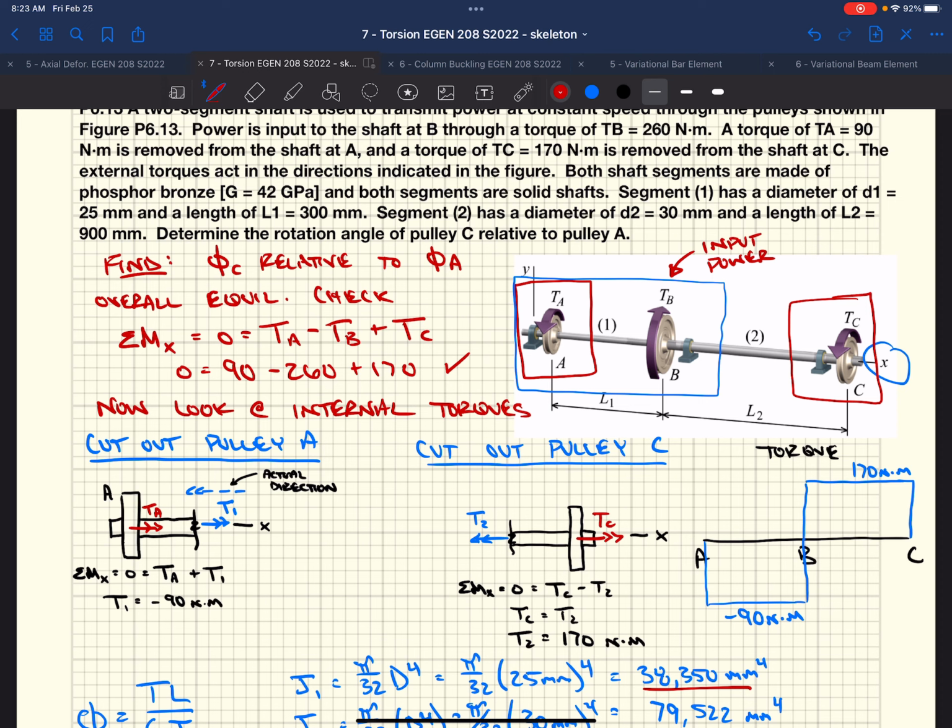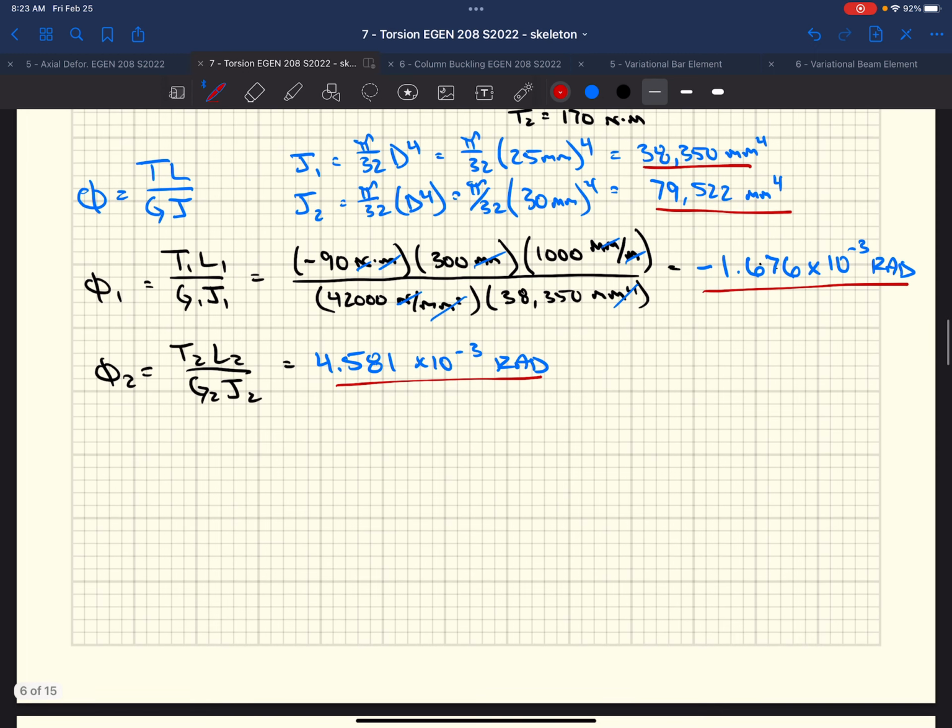This torque A is essentially putting in a negative torque into this shaft, so it's going to rotate to the left relative to B. And then conversely on C, it's going the other way. So the shaft is rotating one direction, and then on the other side it comes back the other direction.